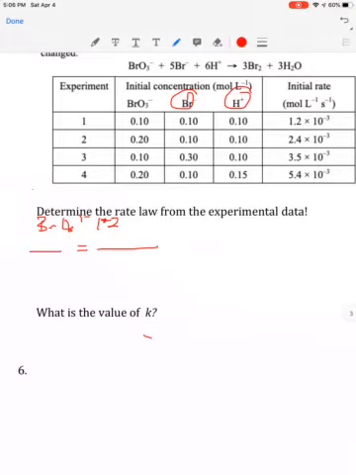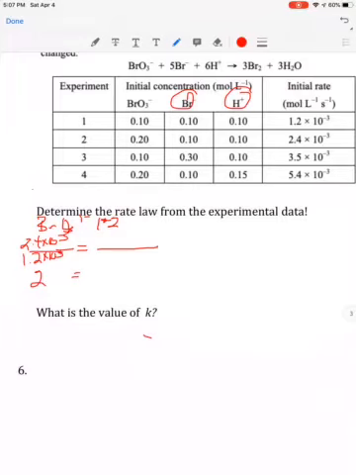On the left side of the equals sign, I'm going to use the higher of the 2 rates, which is 2.4 times 10 to the minus 3 in the numerator, and the lower, 1.2 times 10 to the minus 3, in the denominator. I can see that that equals 2.